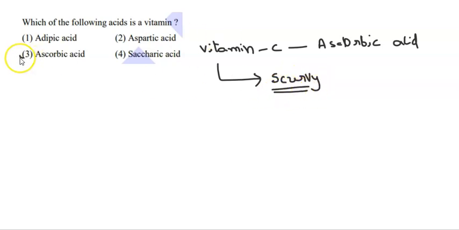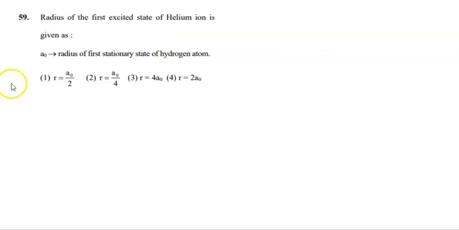So ascorbic acid is there in option 3. Saccharic acid is obtained by the oxidation of glucose by reacting with concentrated HNO3. Aspartic acid is an amino acid. Adipic acid is a dicarboxylic acid. Option 3 is the correct answer for this question.